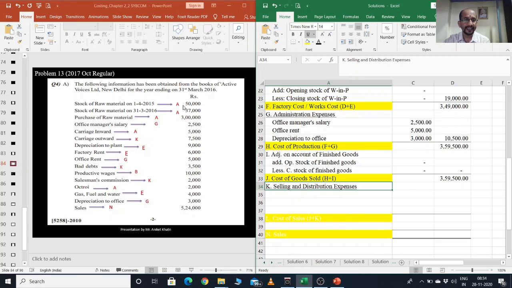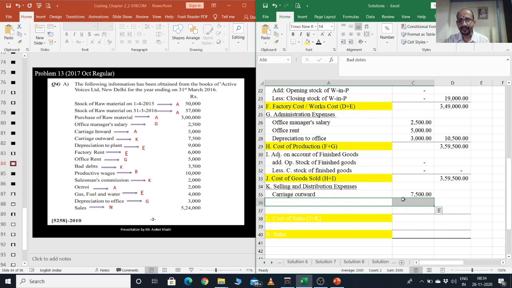Now we need to find the items in our problem. First is carriage outward, 7,500. Next item, find out. Yes, bad debts, 3,500. Next item, salesman's commission, 2,000.